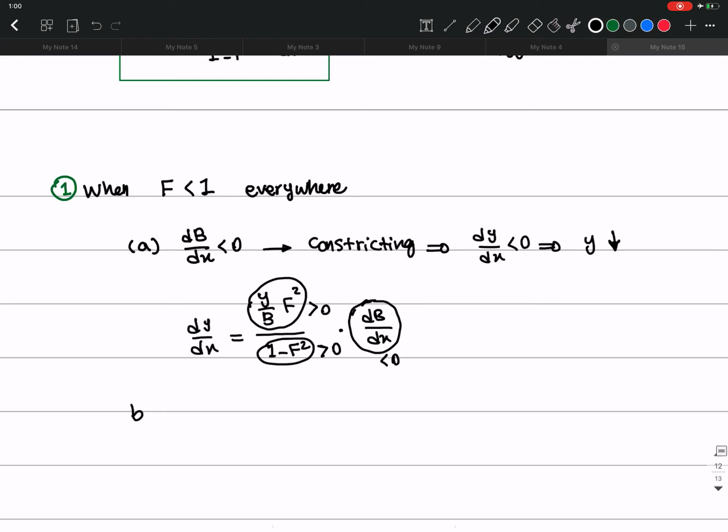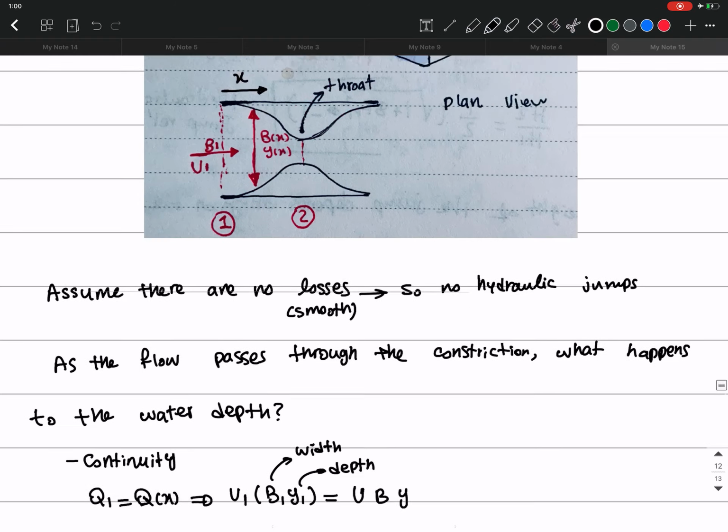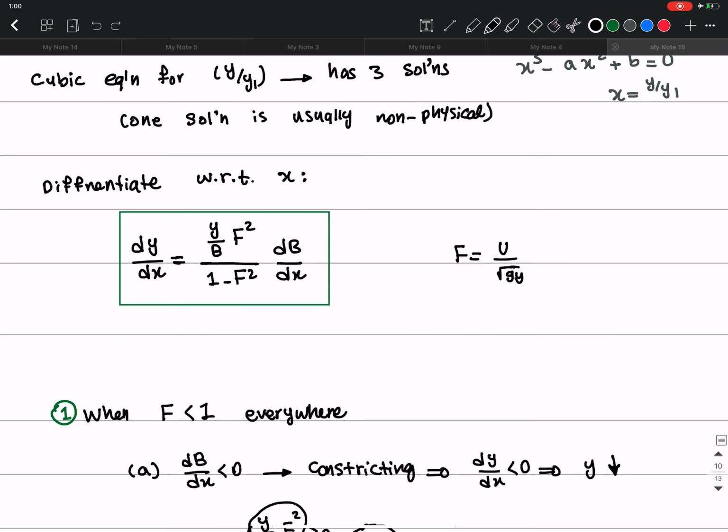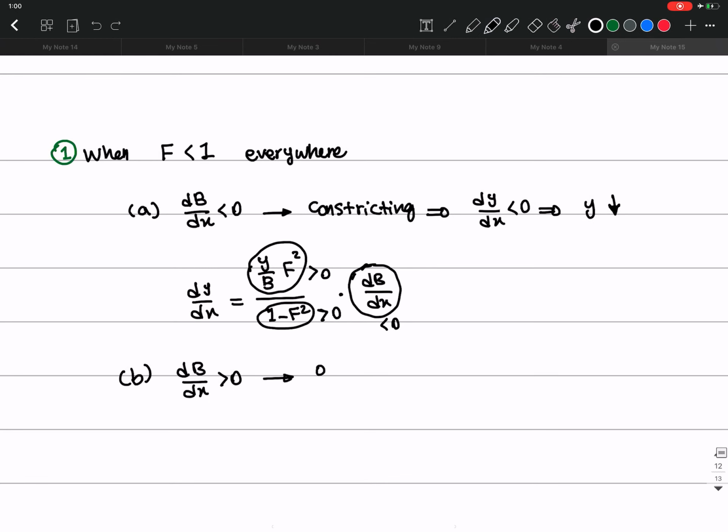On the other hand, when dB over dx is greater than 0, like here, b is increasing, the width is increasing with respect to x, so this means that the channel is opening up.